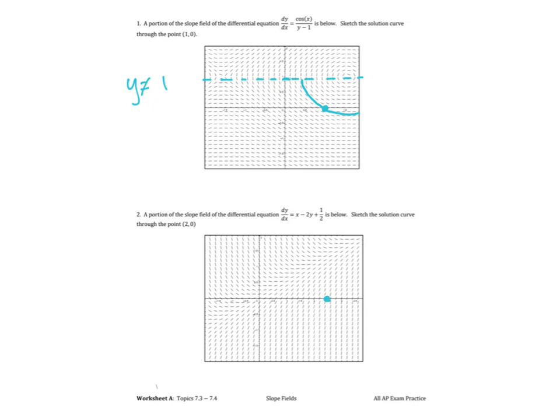Find the equation for the line where all of the slopes are 2, and your equation's probably going to be some linear function that runs right here. And I know that because if I look at the shapes of these slopes, they're all in the positive 2 direction, positive up. Can you see that? So that would be a line where all of the slopes on that line have the same direction.